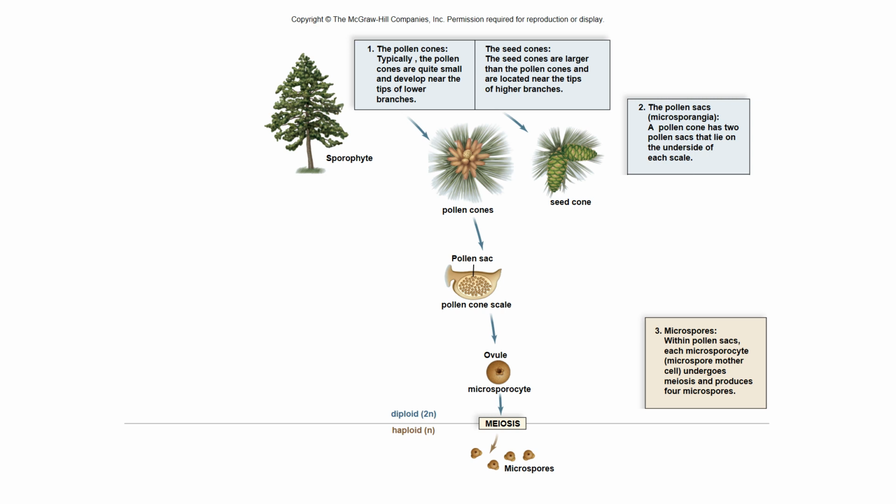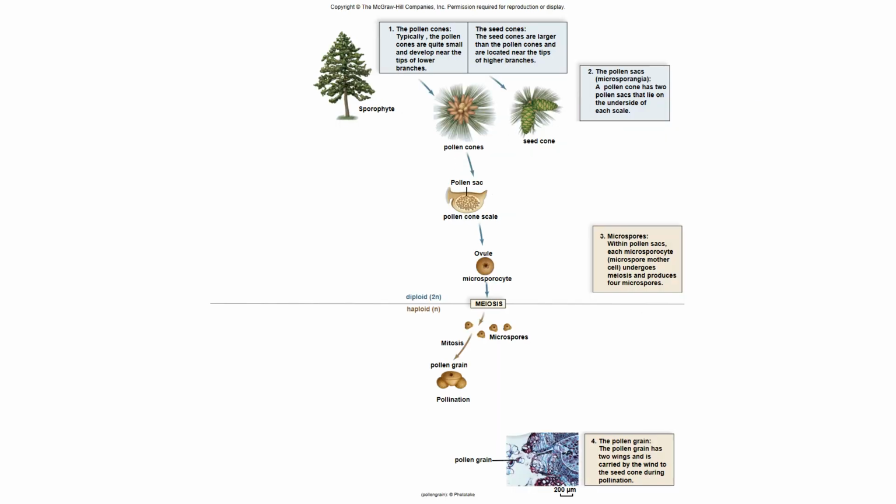Now, within the pollen sacs, you're going to have microsporocytes, which are going to undergo meiosis and make these little microspores. So you're going from diploid to haploid right about now through the process of meiosis. After that, you're going to have pollen grains, which are going to be carried in the wind during pollination, and they're going to be carried to the seed cone.